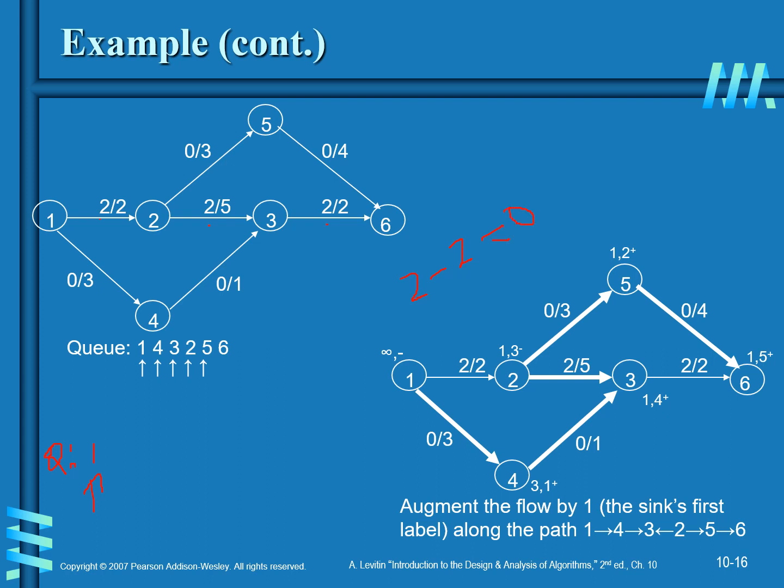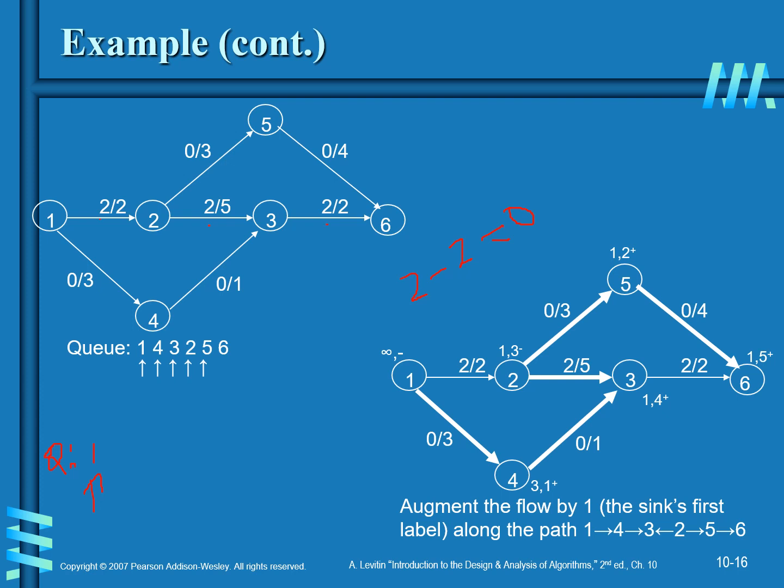The capacity of this edge is 2 and the current flow is also 2. As I said, the constraint is you cannot exceed the capacity, so we have adjusted the flow on that path. You can label only if the residual is greater than 0, so you cannot label 2 now.